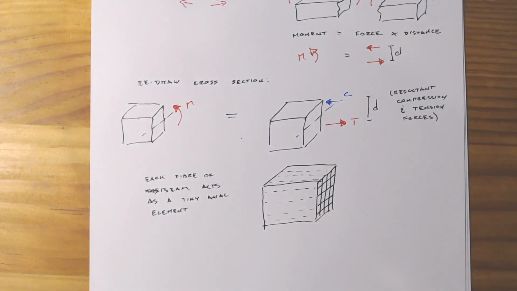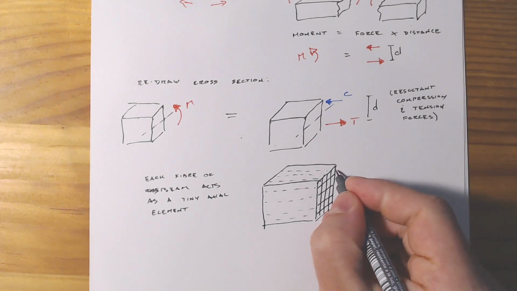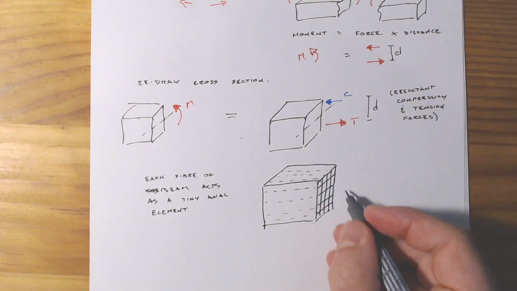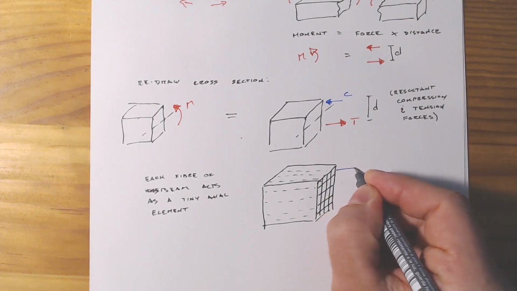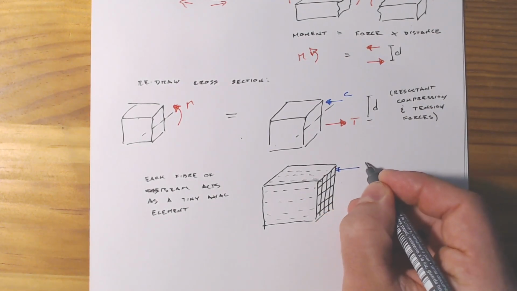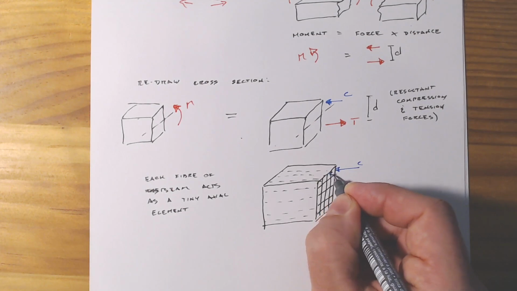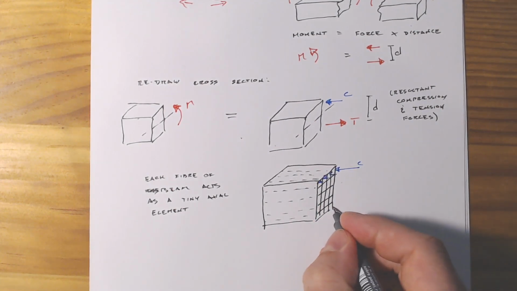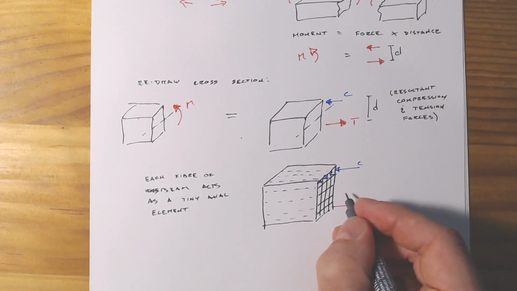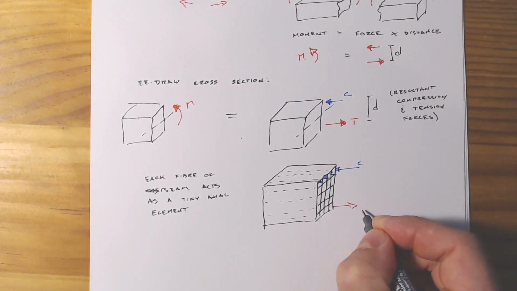Each of these fibers will have some force. So if I was saying these are resultant forces, the top, each fiber is going to have its own little compression force, and each bottom fiber will have its own tension force.